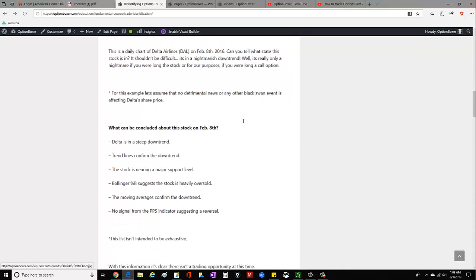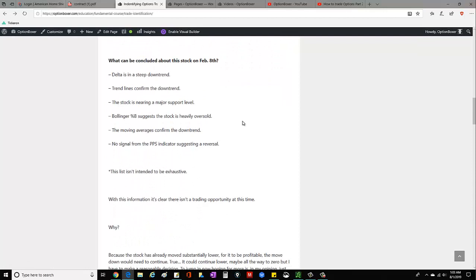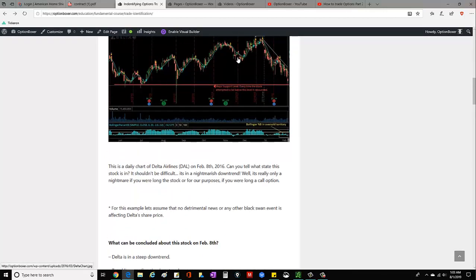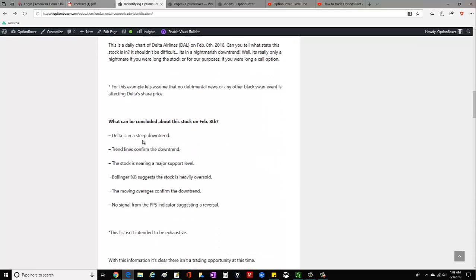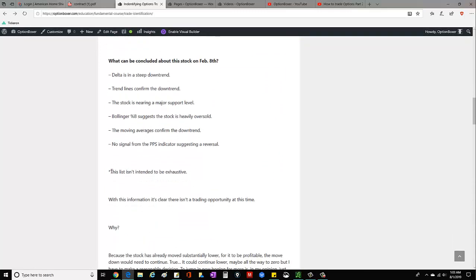Protect your capital, but it is a nice tool for new traders that don't really understand all the nuances or the market mechanics that drive price the way that it does. It's just nice to say, okay, we got an up arrow, let's get long. We got a down arrow, let's either exit or get short. So this list, of course, isn't exhaustive, but it gives you a nice foundation from which to build.